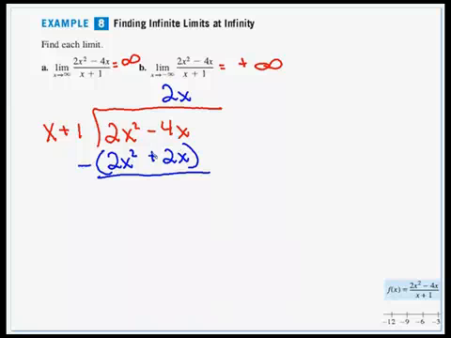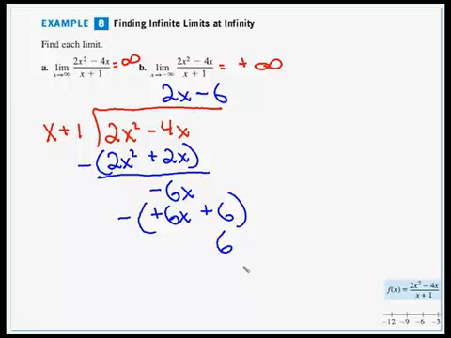Negative 4x minus 2x will be a negative 6x. So next here we have to do a negative 6 times x is negative 6x. Negative 6 times 1 is negative 6. And again we subtract. So we're subtracting, we'll add the opposite and those will cancel. Add here and we will get a remainder of 6.